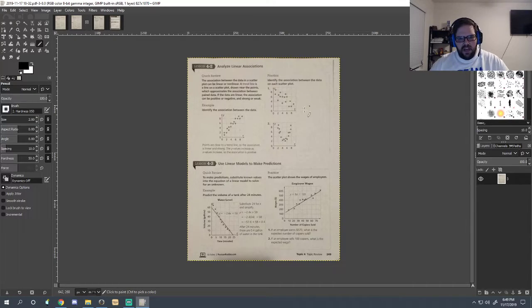So this is going to be talking about the associations. This example right here would be a positive association because it goes up. It increases as the bottom increases, so does the y. So as the x increases, so does the y. That's why it's a positive association.